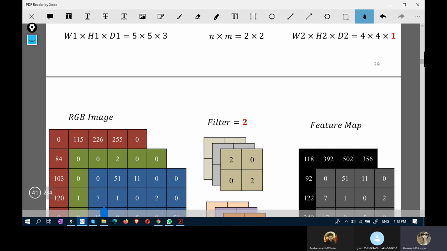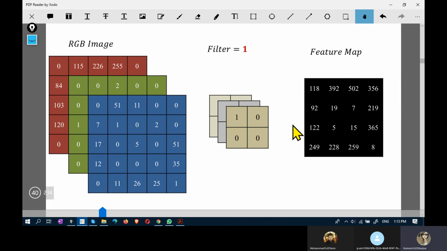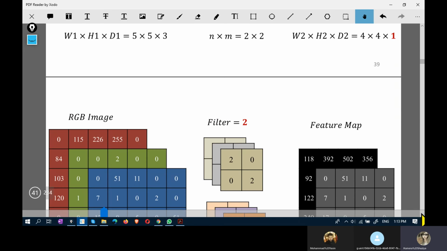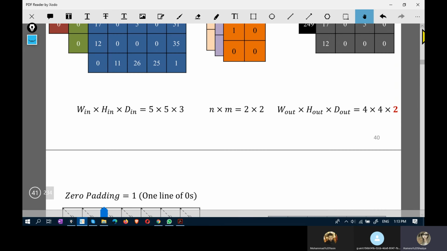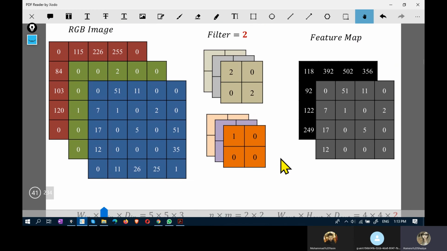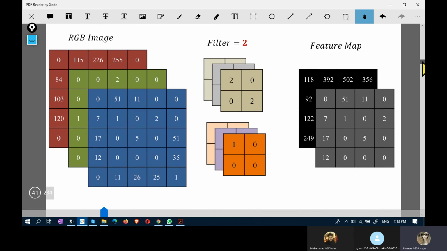In this case you have only one filter. Here you have 2 filters. When you have 2 filters, if you observe here, you get here 2 feature maps.